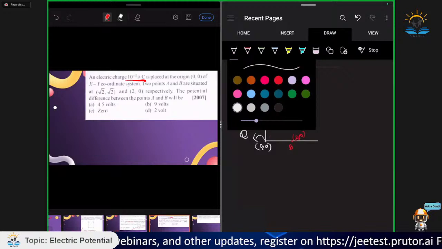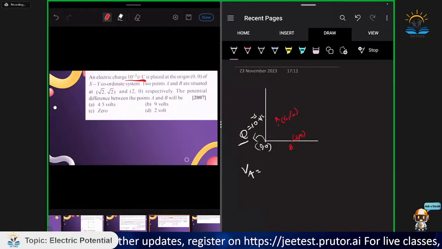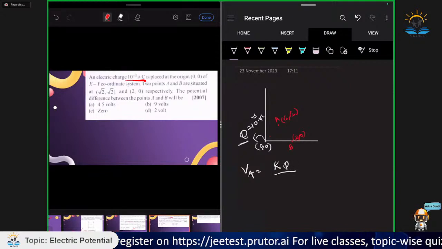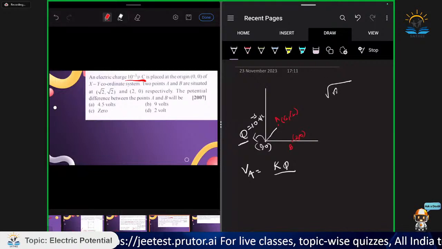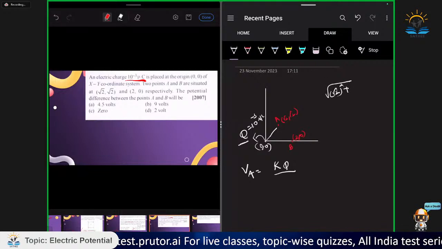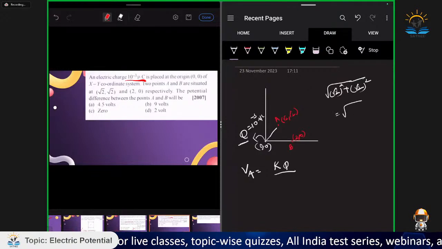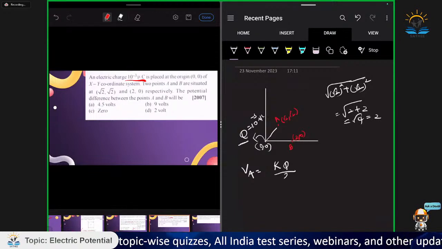So VA, because of this plus Q charge, that is 10 raised to minus 3 microcoulomb, is KQ by this distance. This distance will be root of root 2 square plus root 2 square. It is root of 2 plus 2, that is root of 4, that is 2.